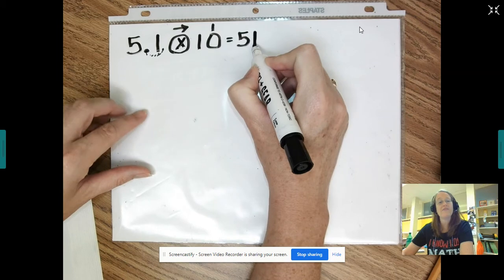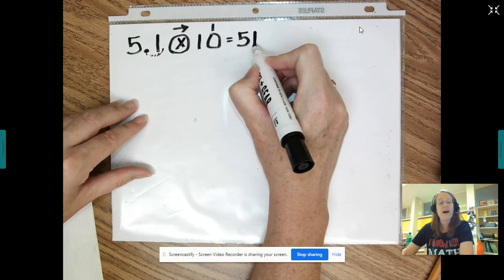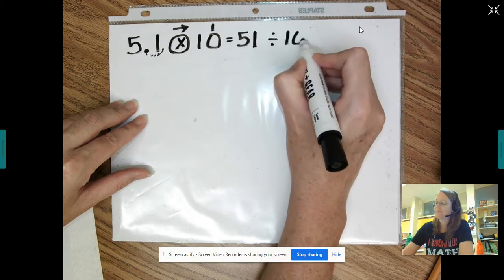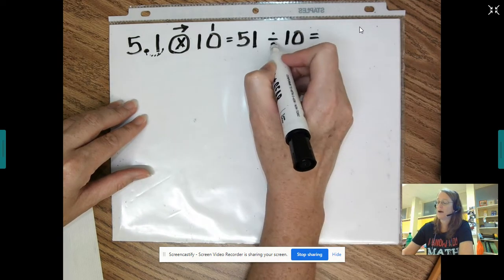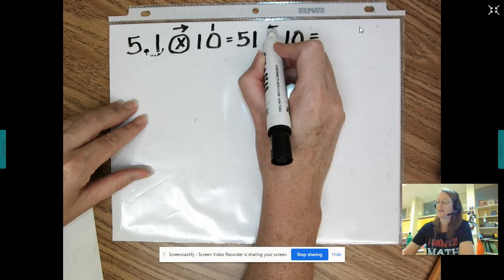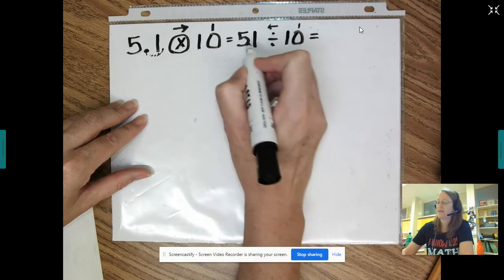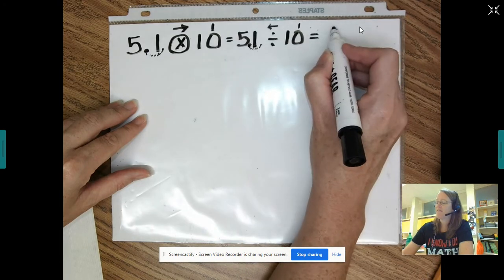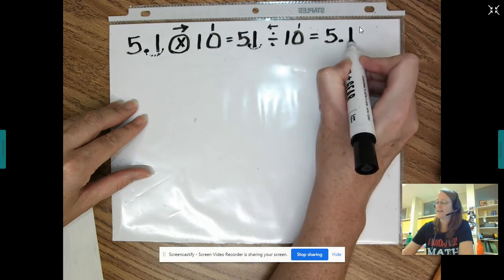Well, then what if I divide 51 by 10? Well, now I'm moving that decimal to the left one time. There it is. 5 and 1/10.